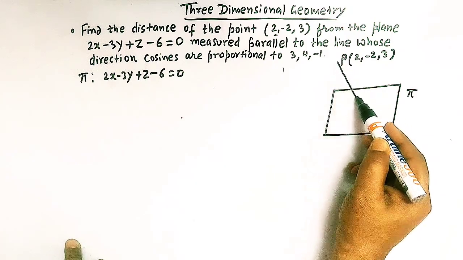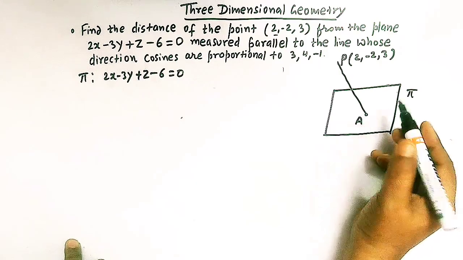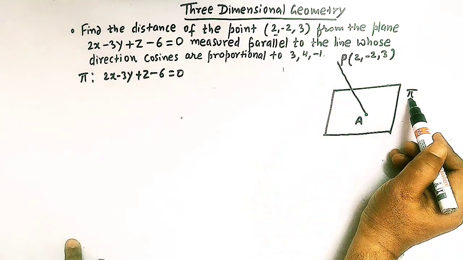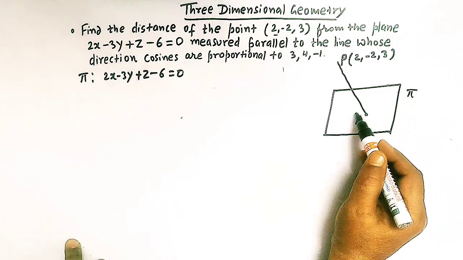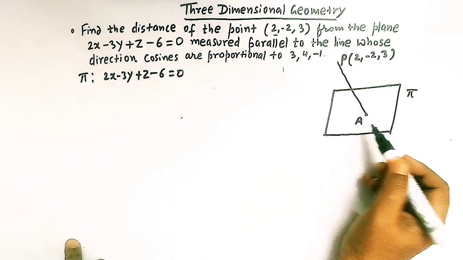Suppose this is the distance, and this point A is the point of intersection of this line PA with this plane pi. Later on we'll find out the coordinates of this point A.